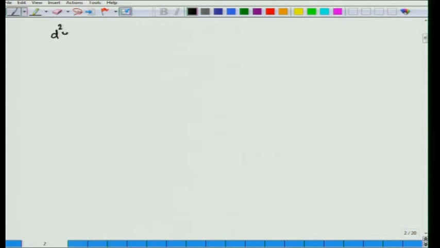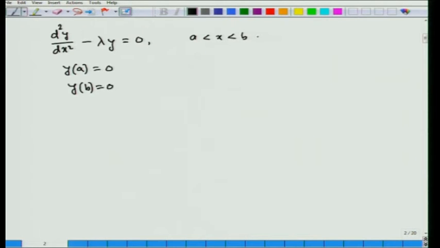Consider this boundary value problem d2y dx2 minus lambda y equal to 0, where a less than x less than b, and the given conditions are y a equal to 0, the first boundary condition, and y b equal to 0, the second boundary condition.